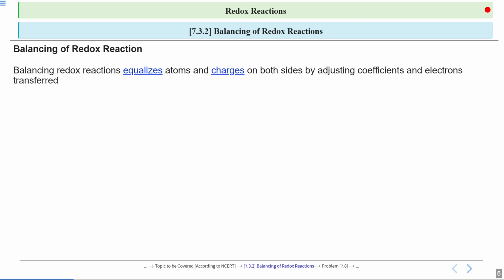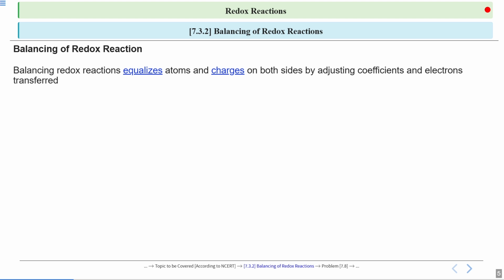Balancing redox reactions equalizes atoms and charges on both sides by adjusting coefficients and electron transfer. That means how can you balance the redox reaction? You can balance the redox reactions by equalizing the atoms, that means the atoms that are participating in the reaction. So from the reactant and product, you have to equalize them and the charges on both the sides.